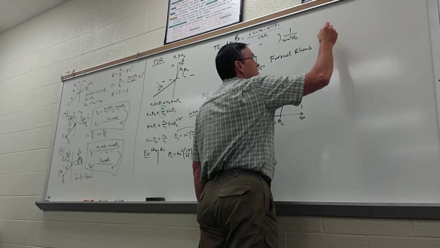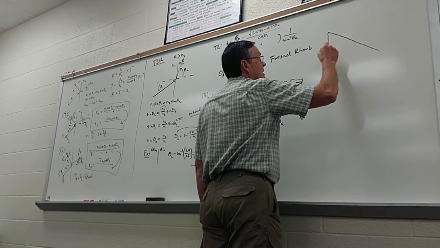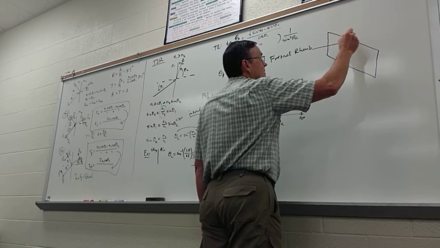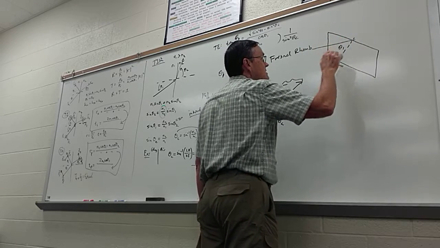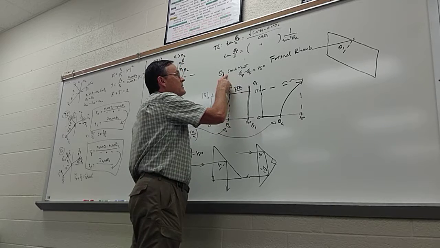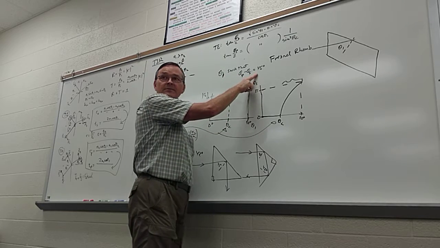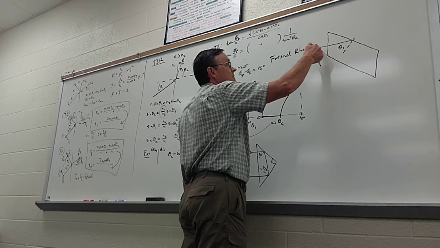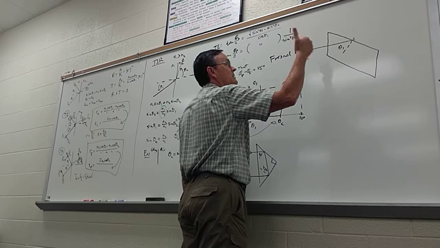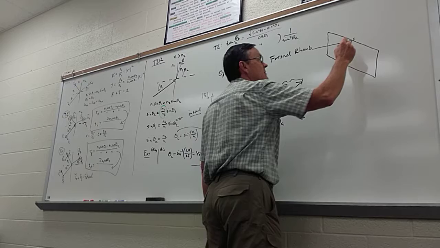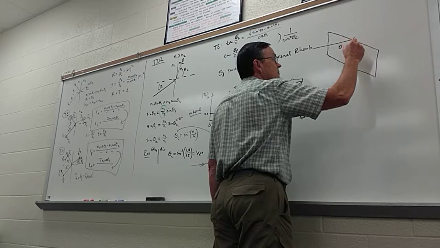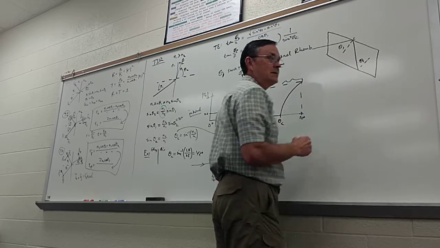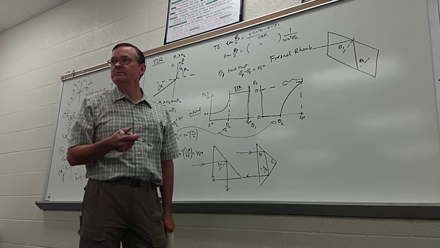I could take a piece of glass, I could cut it so that this incidence angle is exactly the one that I need, so I get a 45-degree phase shift between the TE, which is out of the plane, and the TM, which is in the plane. And then it totally internally reflects over here to this interface, incident at that same angle.